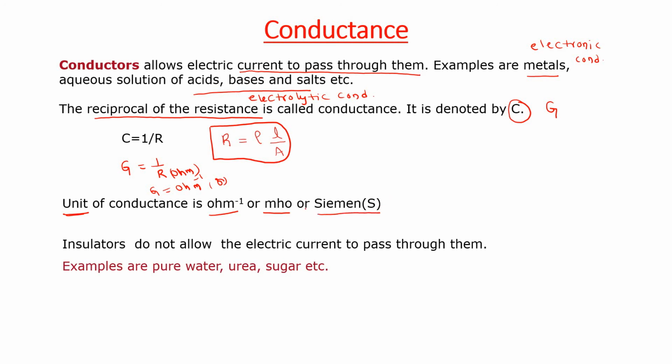Siemens, mho or ohm inverse are all units for conductance. Next, what is an insulator? It does not allow current to pass through it. Pure water, urea, and sugar are generally covalent compounds, and covalent compounds generally do not conduct electricity.